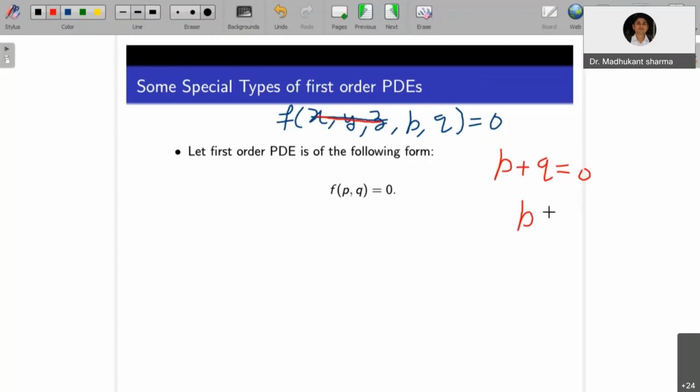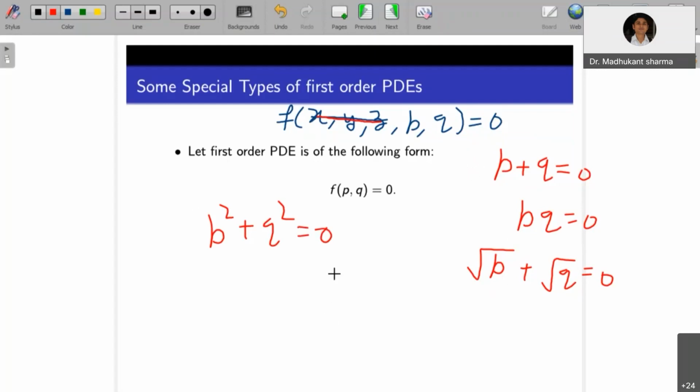Or suppose you have p into q equals 0. Or suppose you have square root of p plus square root of q equals 0. It's also non-linear, but the first one was linear. Maybe you have p square plus q square equals 0, only involving p and q.